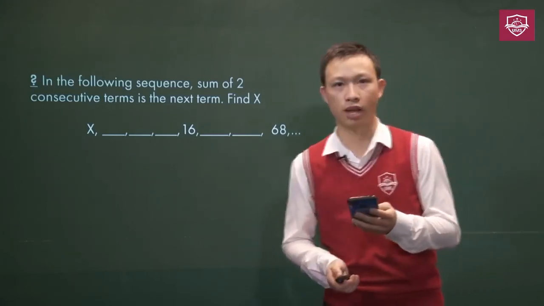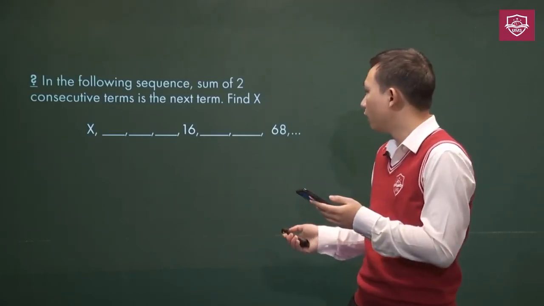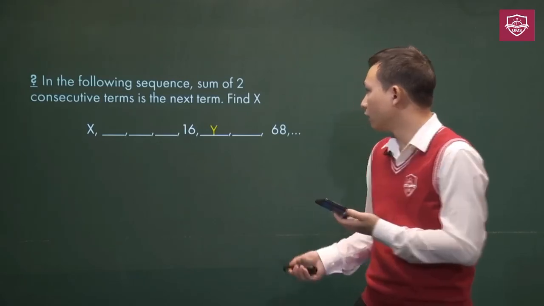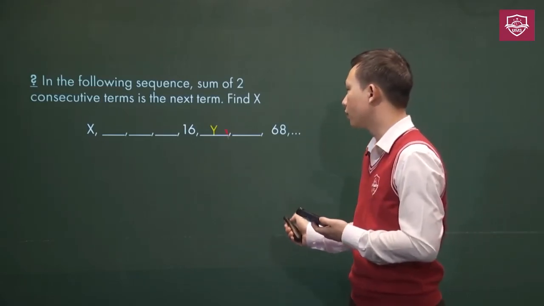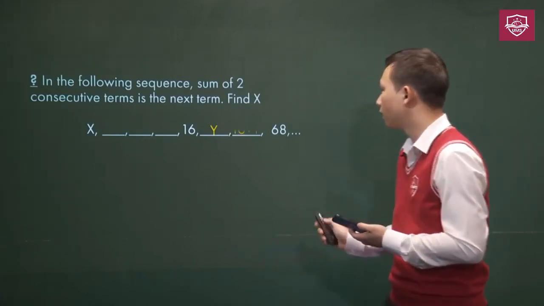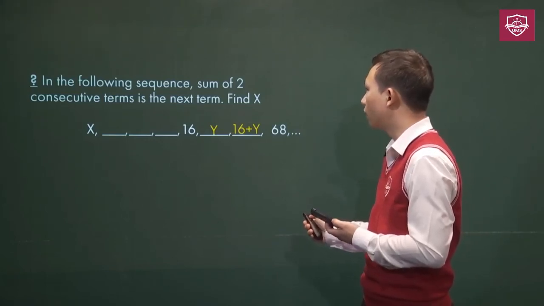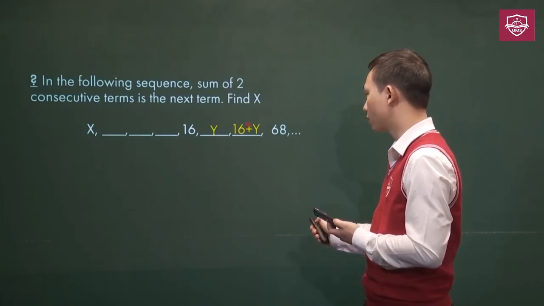Okay, I'm receiving your answers, and most of them are again correct. I'm glad. And now look at the answer here. In order to solve this problem, we call the term immediately after the number 16 y, and the number after that is 16 plus y, because following the rule, 16 plus y must be the next term.